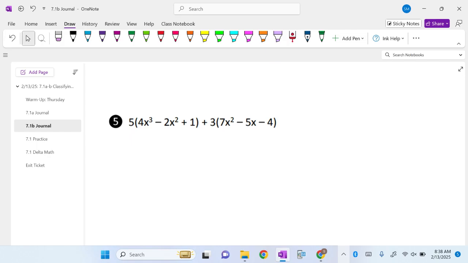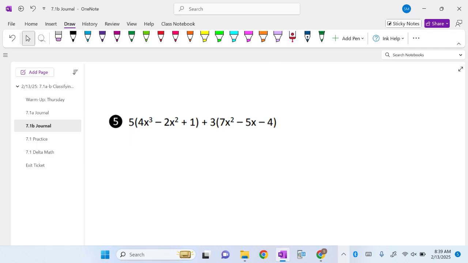So, what's something that you notice that's different than the couple of examples that we've already done? What's different? There's numbers outside the parentheses. So if there's numbers outside the parentheses, what do you think we're going to have to do first?